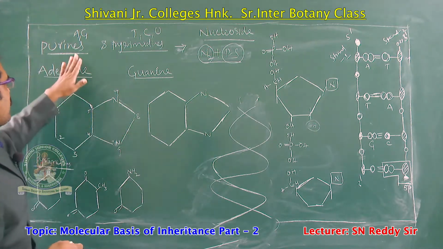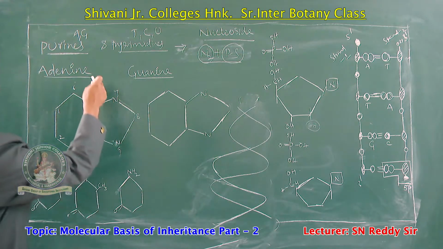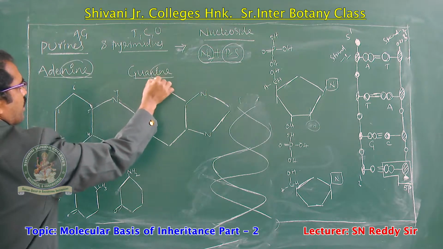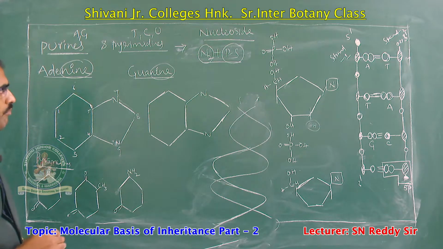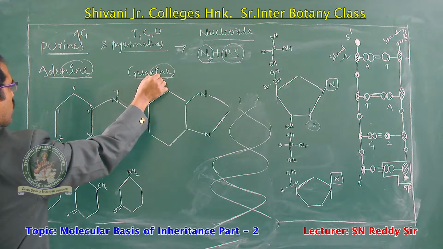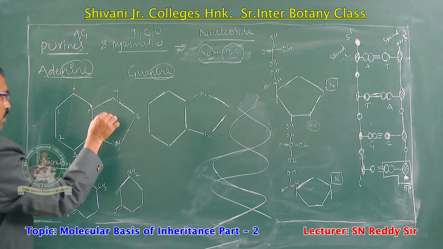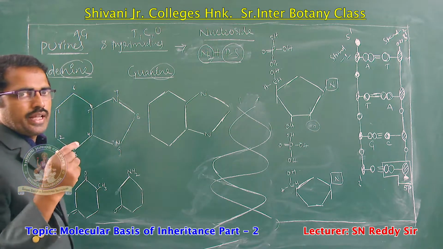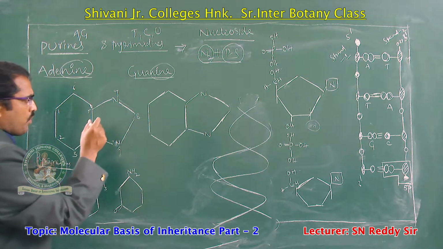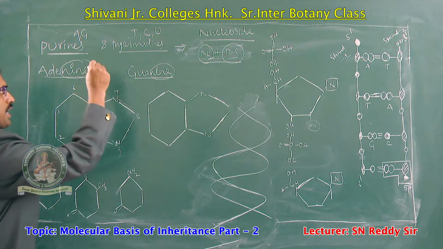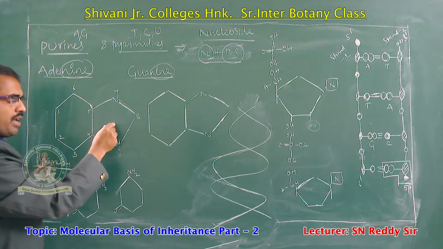When we go to the structure, nomenclature, and chemical formula, adenine and guanine are the purines. That means they are 9-membered ring compounds, heterocyclic ring compounds with C and N. It is a heterocyclic or bicyclic ring compound.